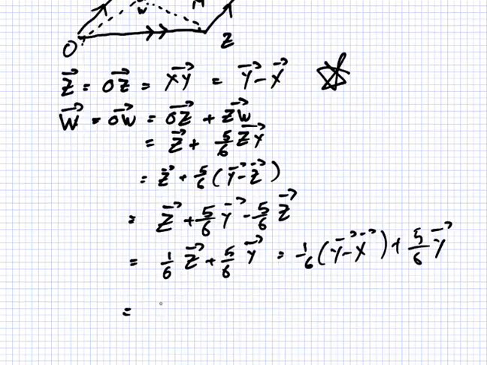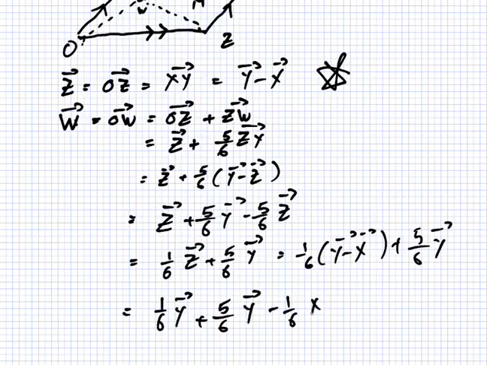So that is 1/6 y plus 5/6 y minus 1/6 x. So that will be y minus 1/6 x. Don't know if that's right.